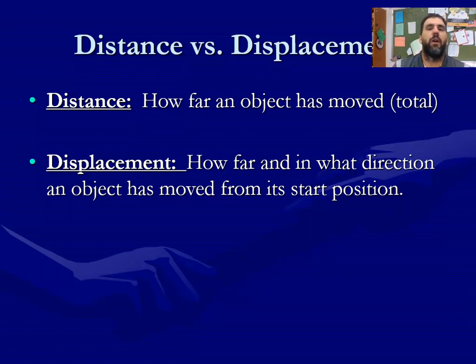So, Owen walked around a set of desks, okay? What was his distance? 26, I think is where we ended. 26, okay? What was his displacement again? 0, because he ended up in the exact same spot, okay? You see the difference between distance and displacement right now?